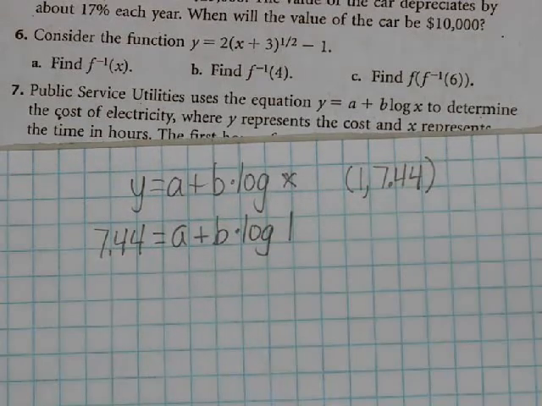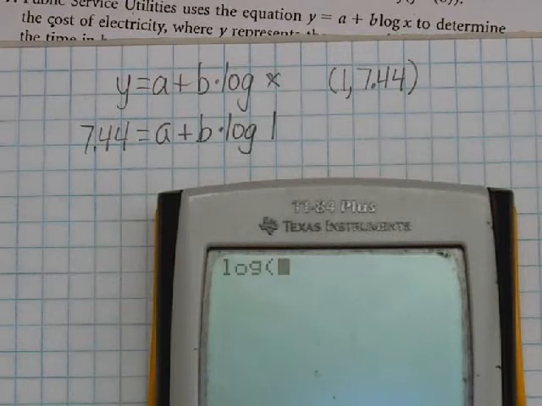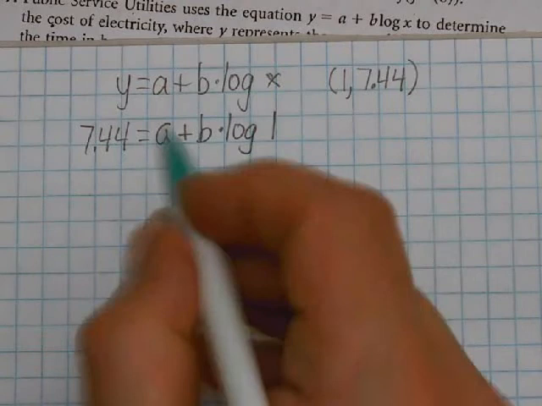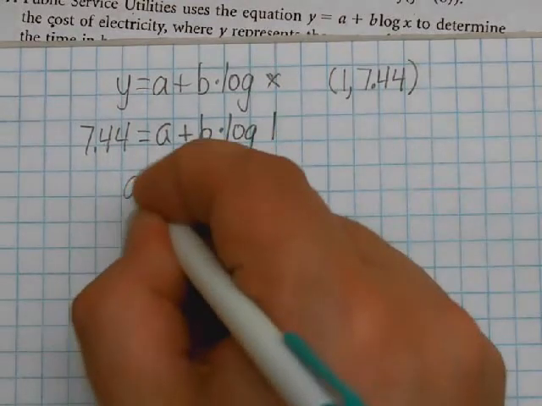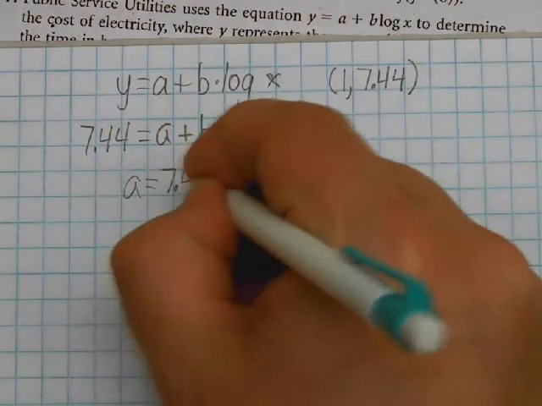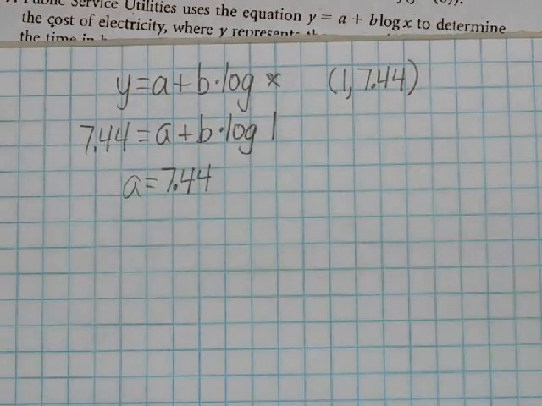Well, what is the log of 1? Really what we're asking is 10 to what power is equal to 1? And hopefully you realize it's 0. So this is equal to 0, which means a is equal to 7.44.